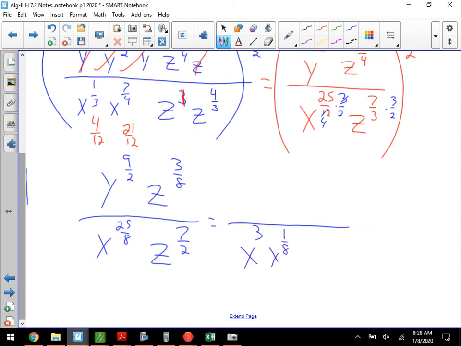Same thing here, this is z cubed, z to the 1/2. The reason I'm doing it this way is because now I can play my war game a little bit cleaner. I can move things around a little bit more. Yes, sir. But if there's not an x on the top, you don't have to do that. You still have to rationalize it. Oh. And this is helping to rationalize it through.